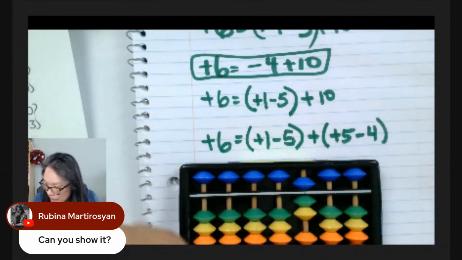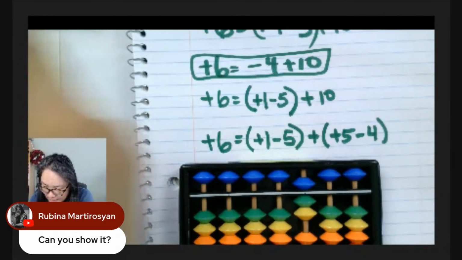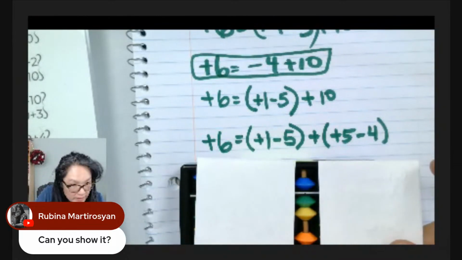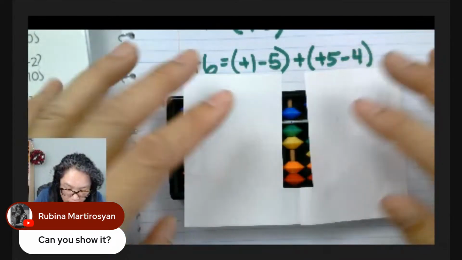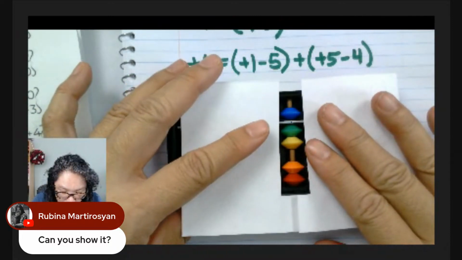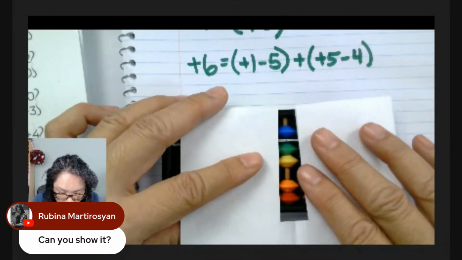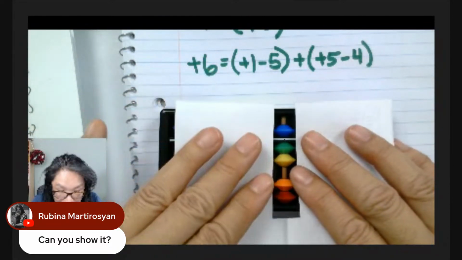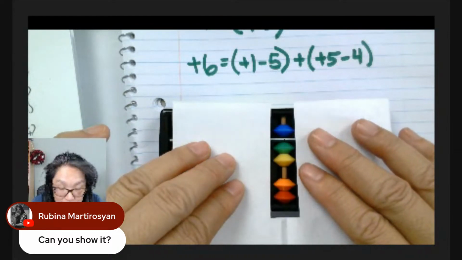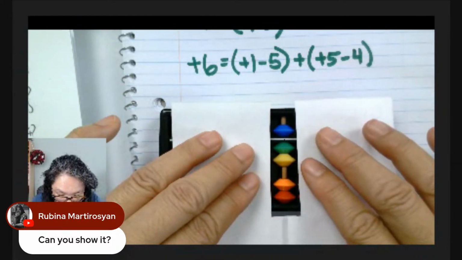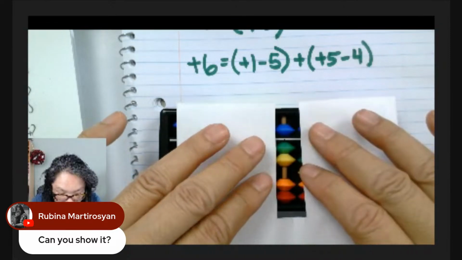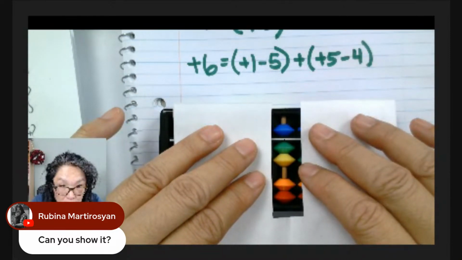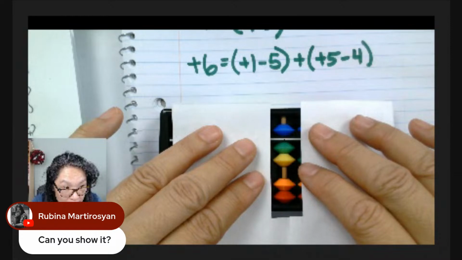So when I would do it, you might need to start doing this, right? So looking at the question, it is 7 plus 6. I want to add the 6 to 7. When I add the 6 to 7, what am I going to do? I'm going to do minus the 4. I can't minus the 4. That's what I would do first on the abacus.